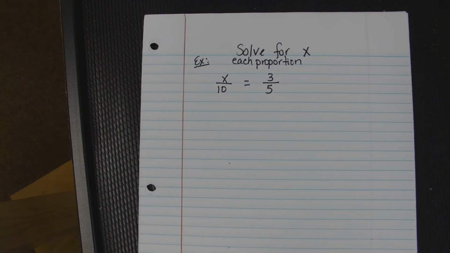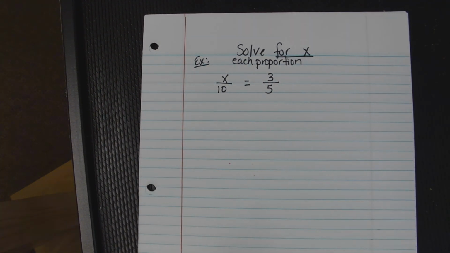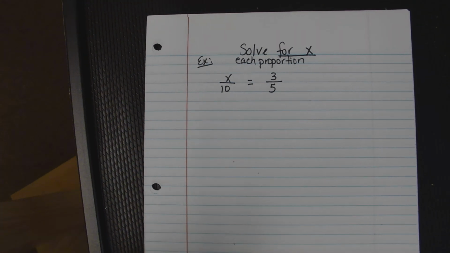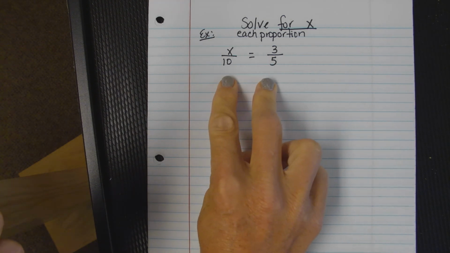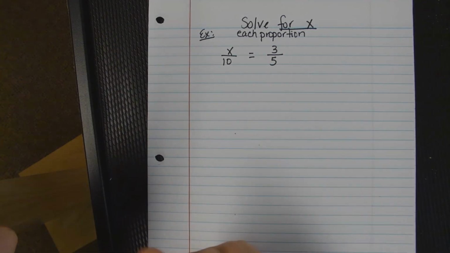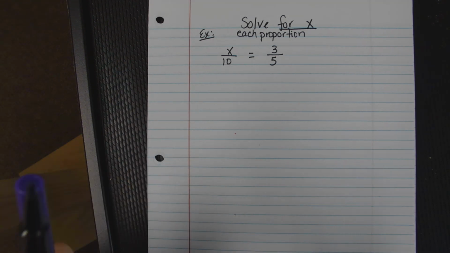The directions are solve each proportion for x. So it's telling us that this is a proportion. We know it's a proportion, two equal ratios. That was in the video that I did. Guys, again, how do you solve this? You cross multiply.